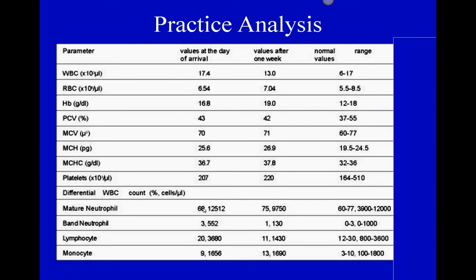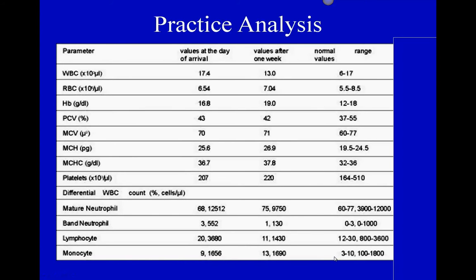Your percentage may just be at the high end of normal, but your cell count shows that you're over that. And I think probably that's a better indication. You're doing just a mathematical equation, so it seems like it wouldn't be that big of a deal. But if this is on the high end of normal or on the low end of normal, those cell counts may give us a better picture of is there something increased or decreased.